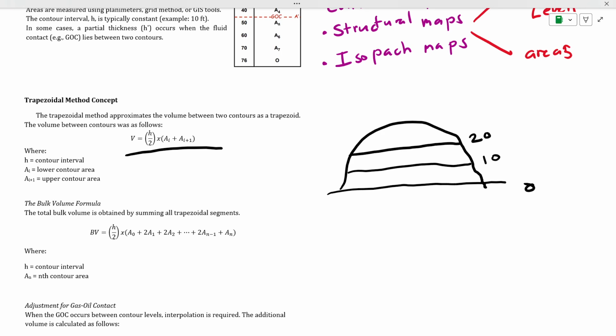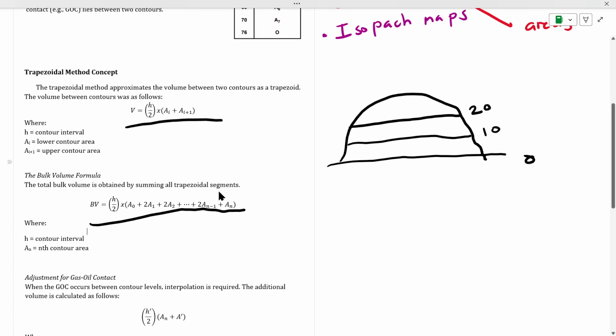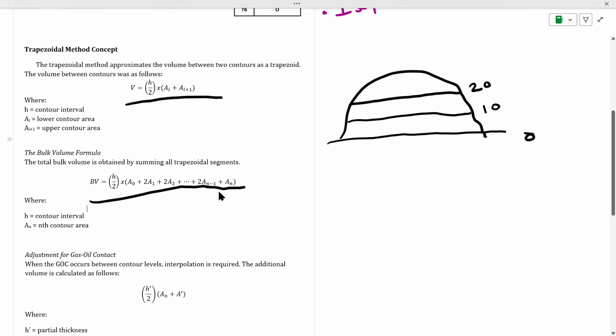The formula will be modified, and this time we will be using this formula. We will be using this formula until we reach the final part, and let's say this is 30.